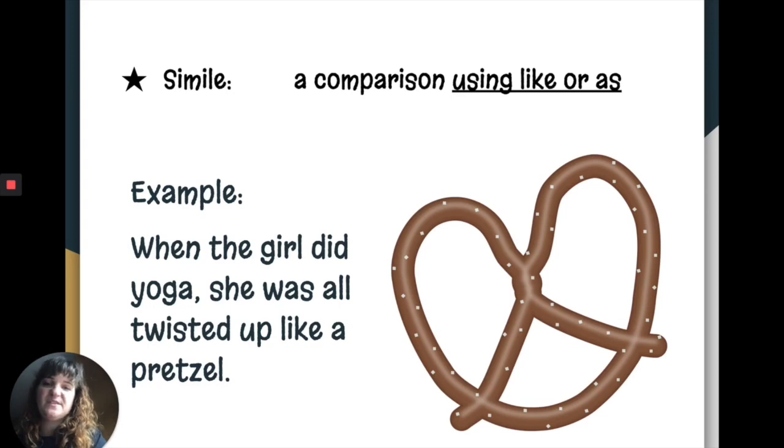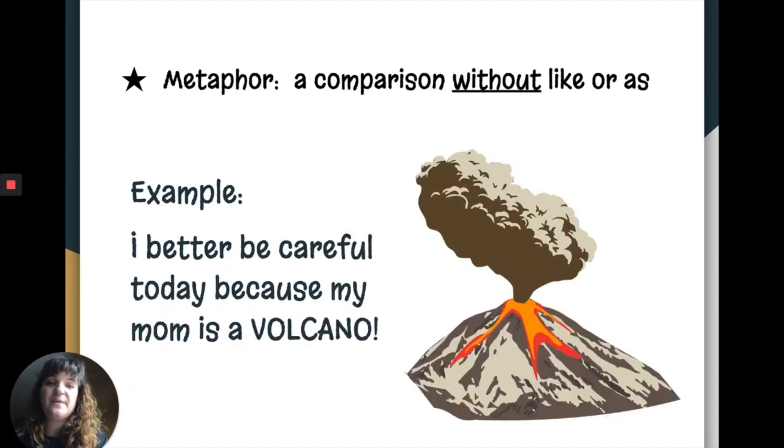Our specific definition for simile is a comparison using like or as. For example, when the girl did yoga, she was all twisted up like a pretzel. Metaphor, a comparison without like or as. Remember we talked about our mom being a volcano? Yeesh.